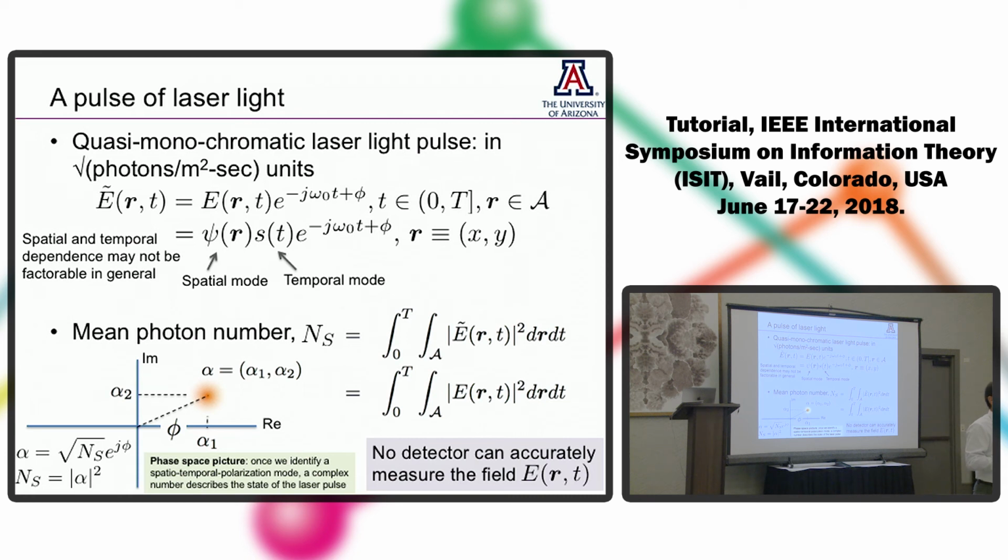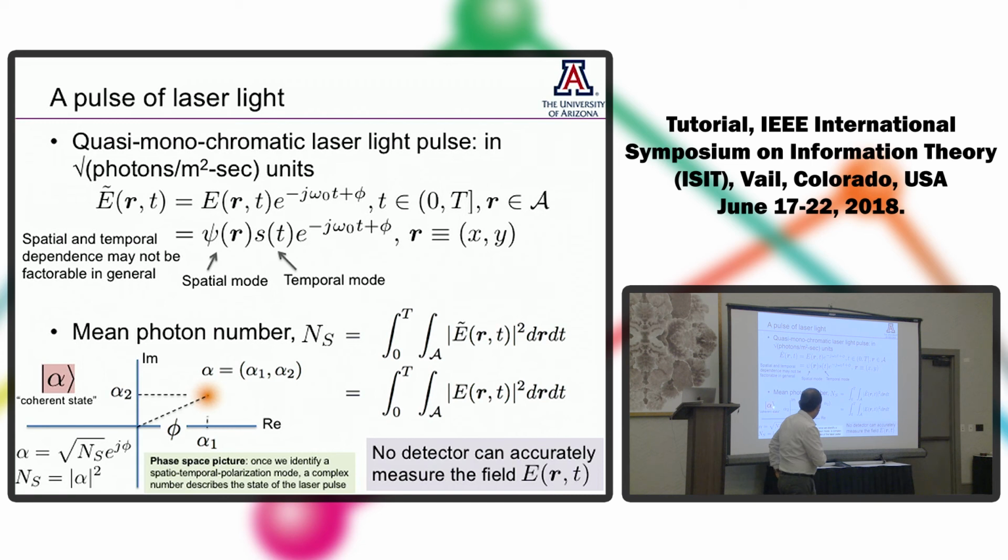But you cannot detect it exactly, meaning no matter how you choose to detect that field, your detector is going to add some noise to it. And the statistics of that noise is going to be driven by how we choose to detect it. We are going to talk now about some forms of such detection and some forms of that noise, and see what that implies in terms of error probability and state discrimination.